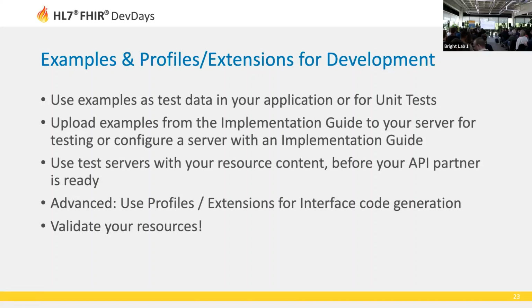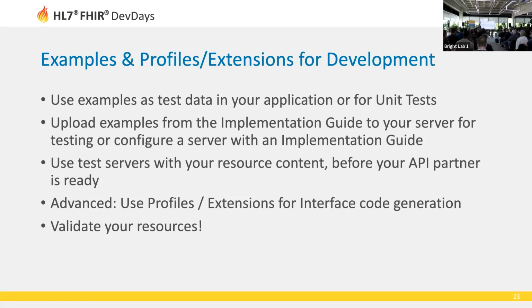When you have all this example data, you can use it for different things in development. One which comes first is that you can use it for unit tests in your application. You can upload the examples from the implementation guide to a server you have, or configure a server, sometimes even with an implementation guide, and test your application already with these examples.